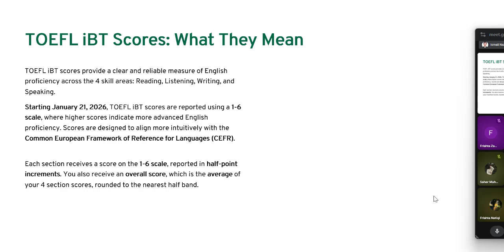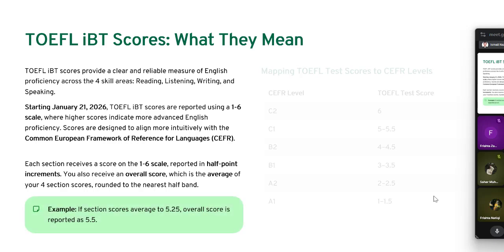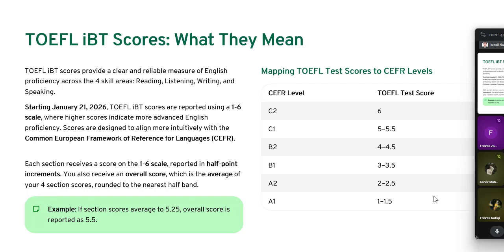And each section will be given that kind of score out of 6. So we have mentioned in the other session how they look like, the CEFR levels, C2, C1, B2, B1, A2, and A1. So they're the TOEFL test scores comparison.